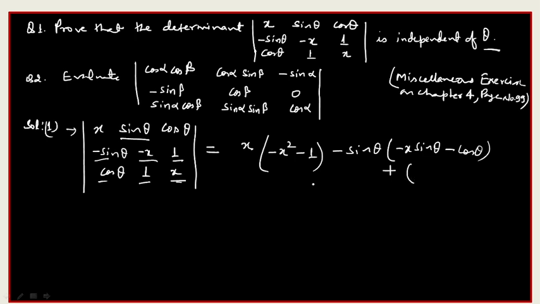Now we'll take this one, cos theta, and minus sine theta into 1, which becomes minus sine theta. Both are negative, minus x, and cos theta is not negative, so minus x cos theta, and with the minus in between it becomes plus x cos theta, plus x cos theta.